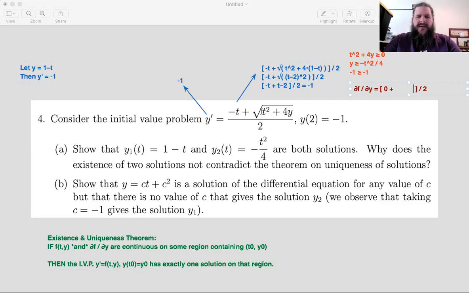Now for this square root, we probably want to treat that as an exponential. The square root of t squared plus 4y is the same as t squared plus 4y to the 1/2 power. And how would you take the derivative of t squared plus 4y to the 1/2 power?